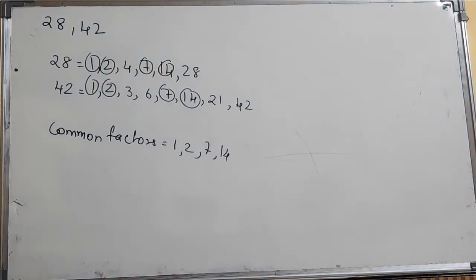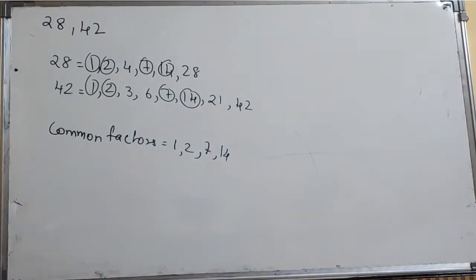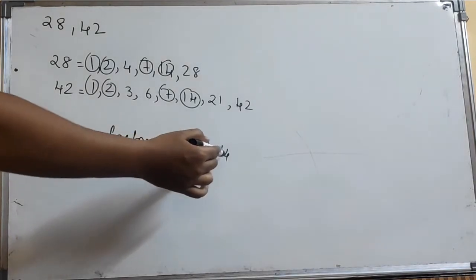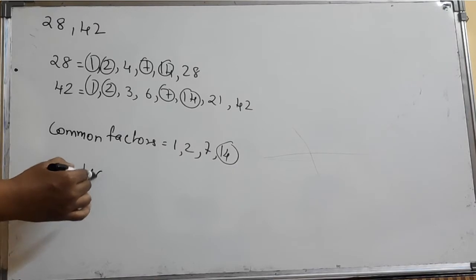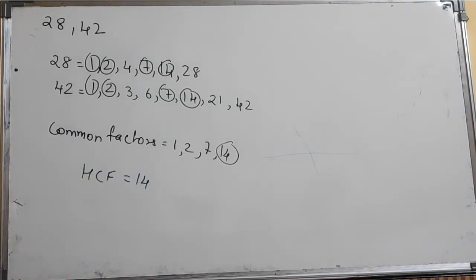Now in order to find the HCF, we selected the highest of the common factors. The highest common factor is 14. So HCF is 14.